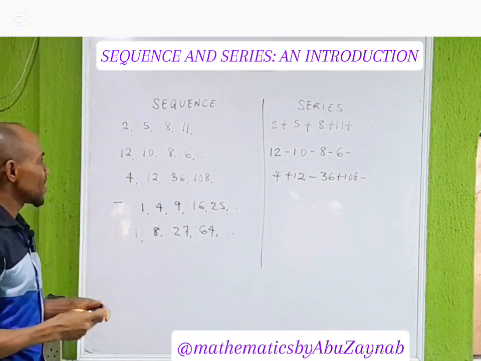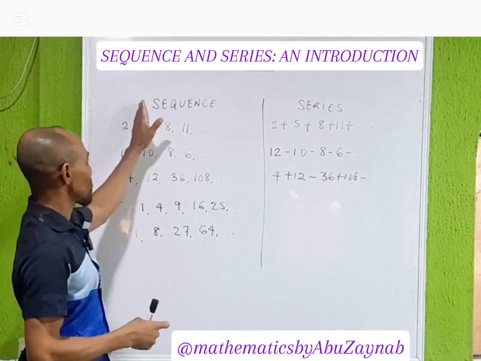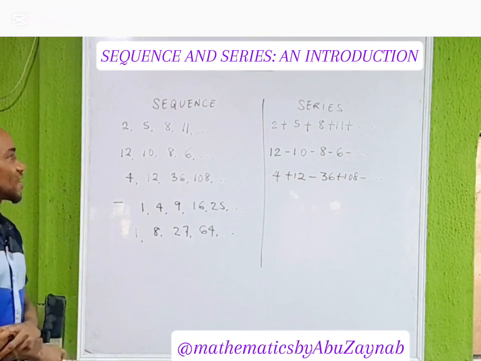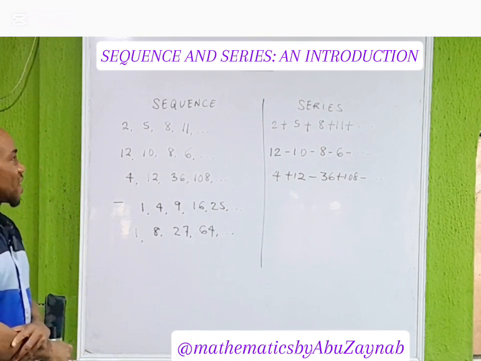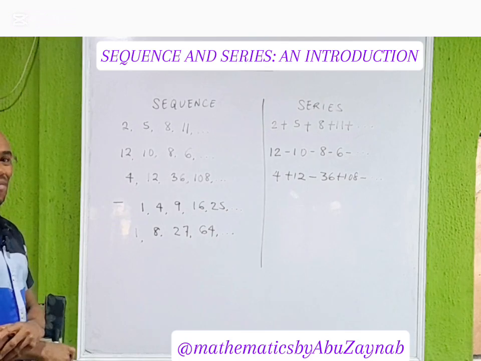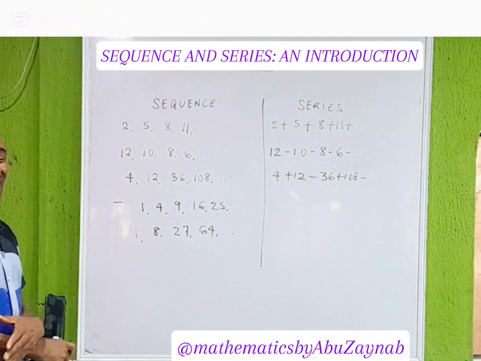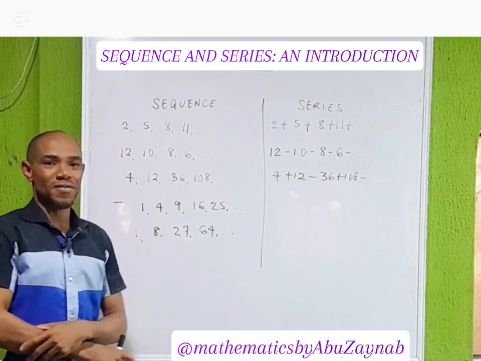So we can see clearly the difference between the terms sequence and series. And that basically is the distinguishing explanation of the two terms. You might be pardoned if you use them interchangeably, but technically speaking, therein lies the difference.